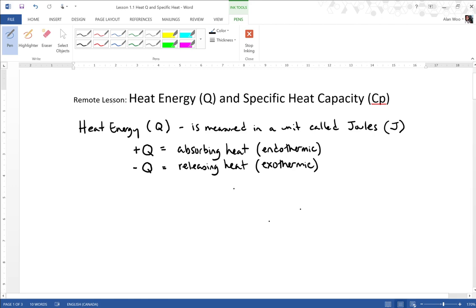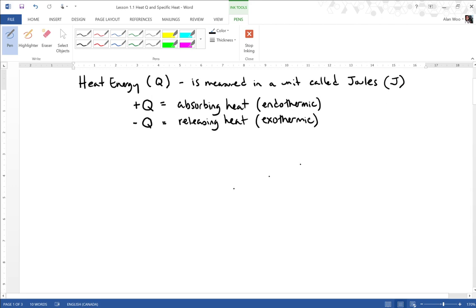So if we look at an example, let's say we had a cup, and within this cup, we have some water. Let's say that we have exactly 1 gram of water, which is H2O, at 1 degree Celsius.